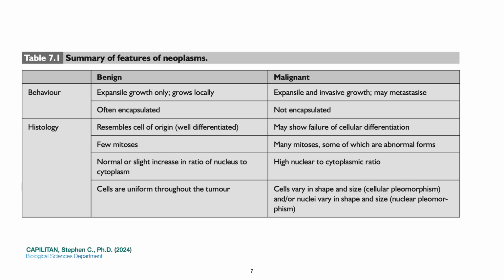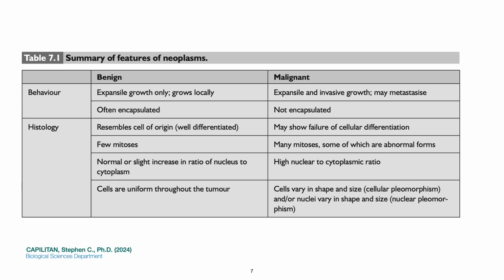In neoplasms, we have a summary of the features of neoplasms based on their behavior, benign and malignant, and histology. Basically, when we differentiate benign, it resembles the cell of origin. They are well differentiated. There are few mitoses, a normal or slight increase in the ratio of nucleus to cytoplasm, and cells are uniform throughout the tumor.